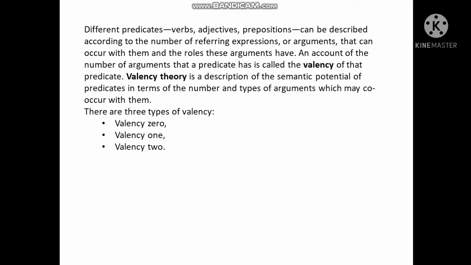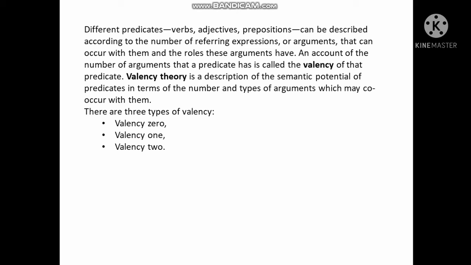An account of the number of arguments that a predicate has is called the valency of the predicate. Valency theory is a description of the semantic potential of predicates, of the number and types of arguments which may co-occur with them.